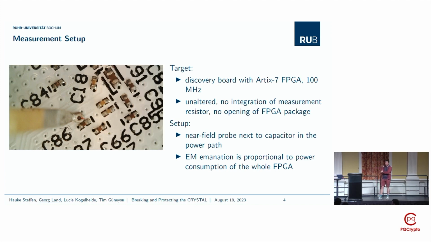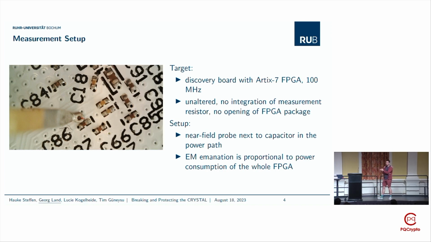We did not integrate any measurement resistor, and we did not open the FPGA package. Instead, we put a near-field probe next to a capacitor that is in the power path, and the electromagnetic emanation is somewhat proportional to the power consumption of the whole FPGA. So although we use a near-field probe, we did not probe specific modules of the implementation, but the whole power consumption of the whole FPGA, which I would say is a more realistic scenario.